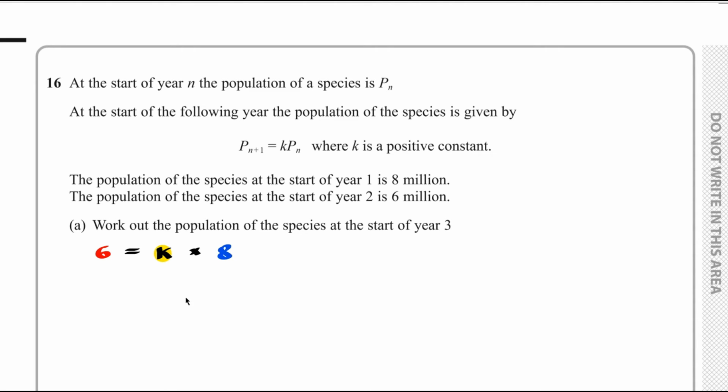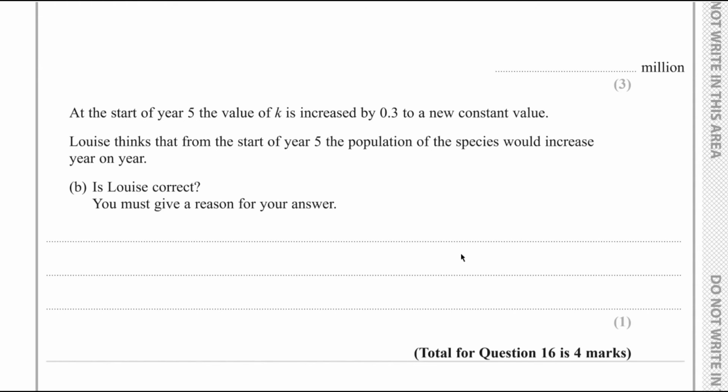And if I solve for k, it is equal to 3/4. So to find out what P3 is, P3 is equal to k, which is 3/4, multiplied by P2, which is 6. 3/4 multiplied by 6 is 9/2. So the population is 4.5 million.